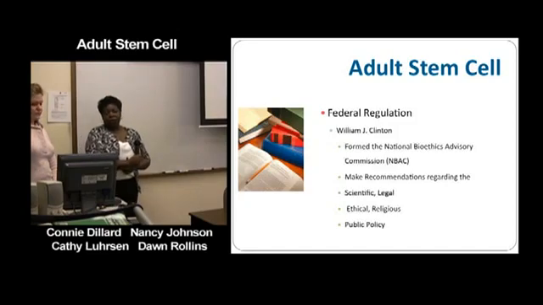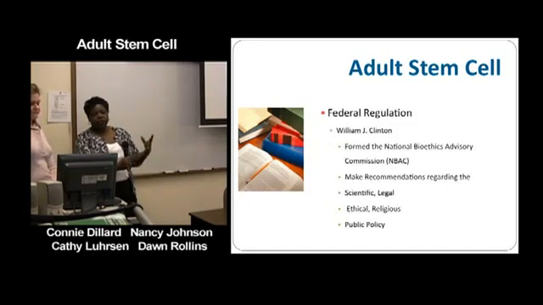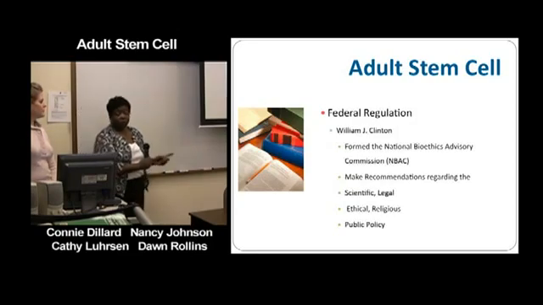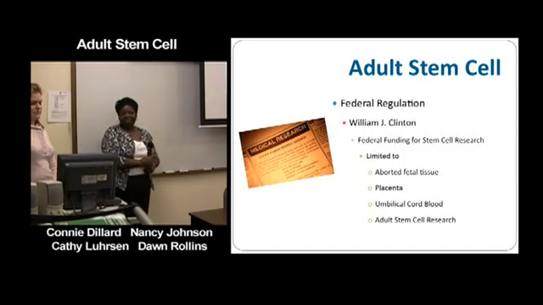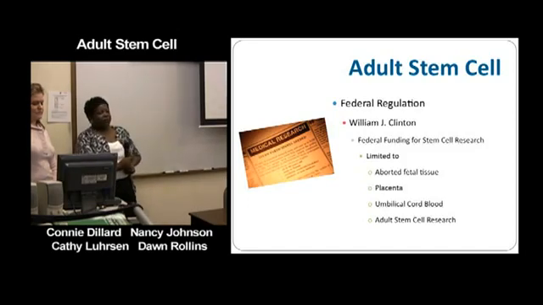So he recommended that they form a National Bioethics Advisory Committee to make recommendations on the scientific, legal, ethical, religious, and public policy of stem cell research. He also went a step further to limit funds to only aborted fetuses, placentas, umbilical cord blood, and adult stem cell research.